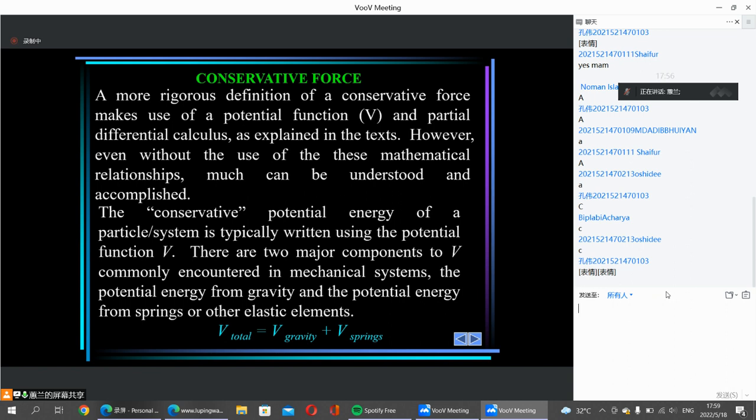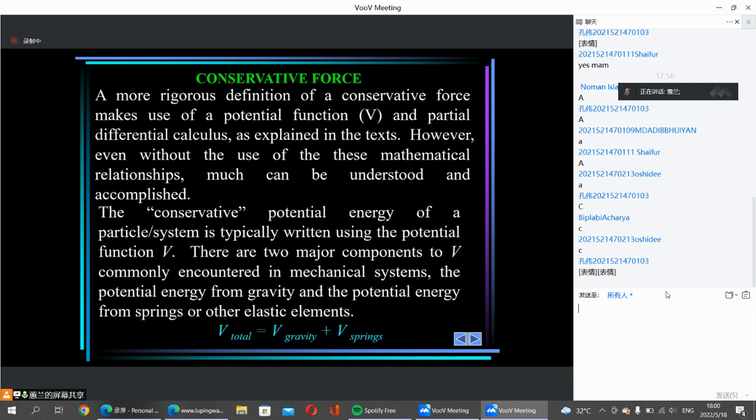Whether you take the lift or you go downstairs on foot, actually the weight has done the same work to you. Okay, the weight only depends on the vertical displacement. And then the spring force. When we calculate the spring force, we only talk about the linear spring force.